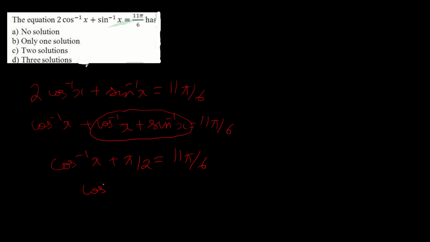Okay, so cos inverse x equal to 11 pi by 6 minus pi by 2. Just solve that.